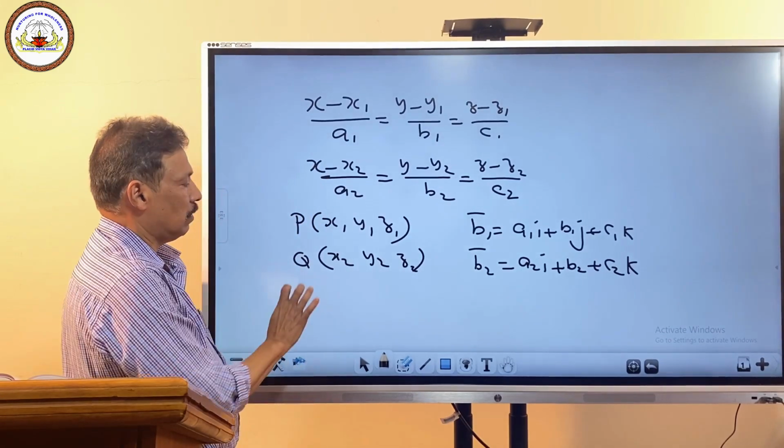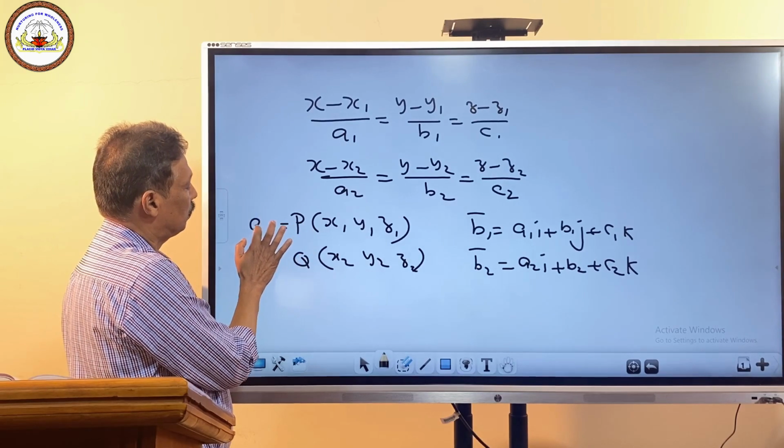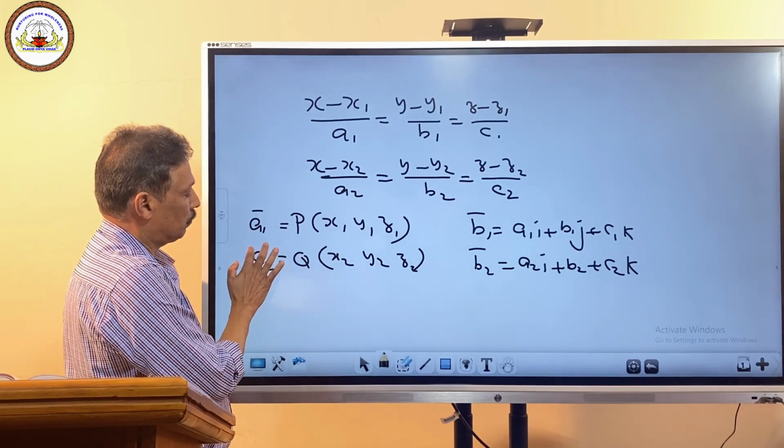Sometimes we can take the point P as a1 bar, and Q as a2 bar.